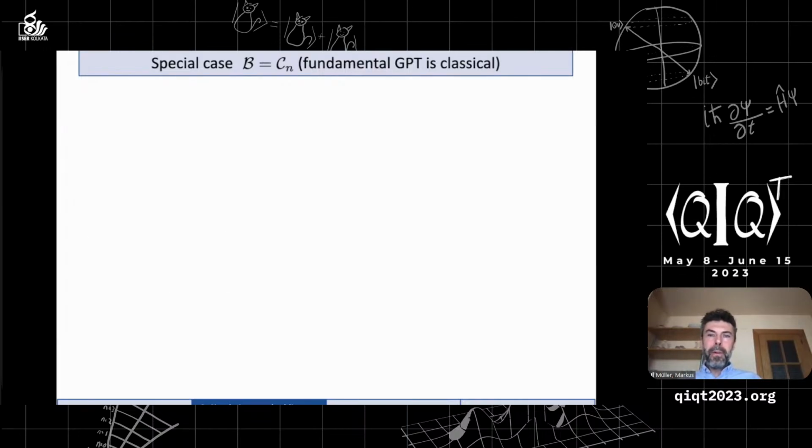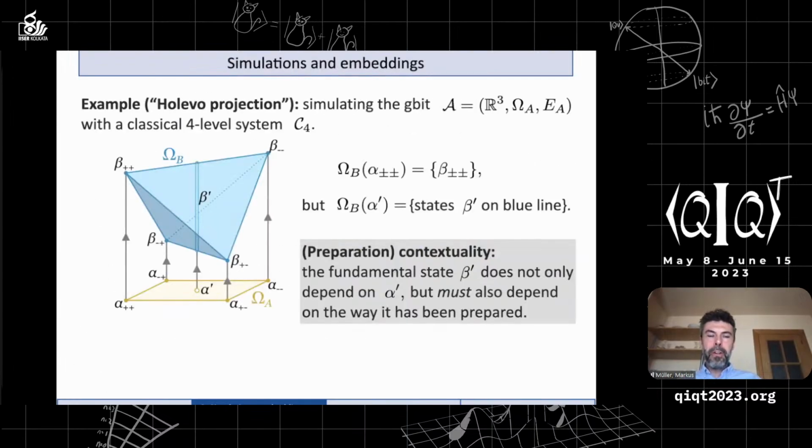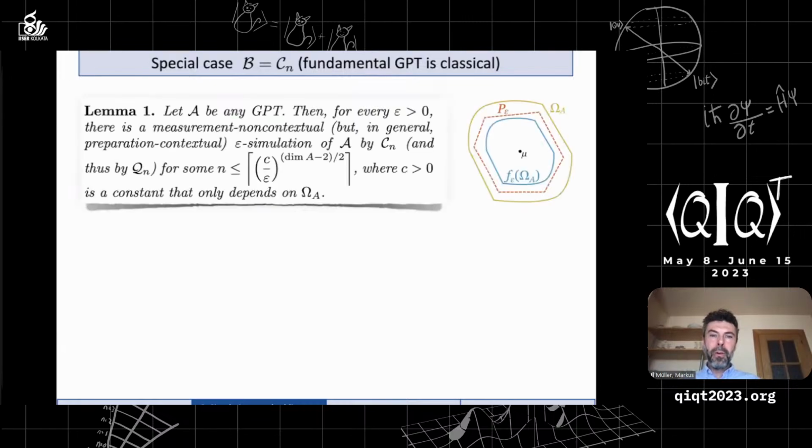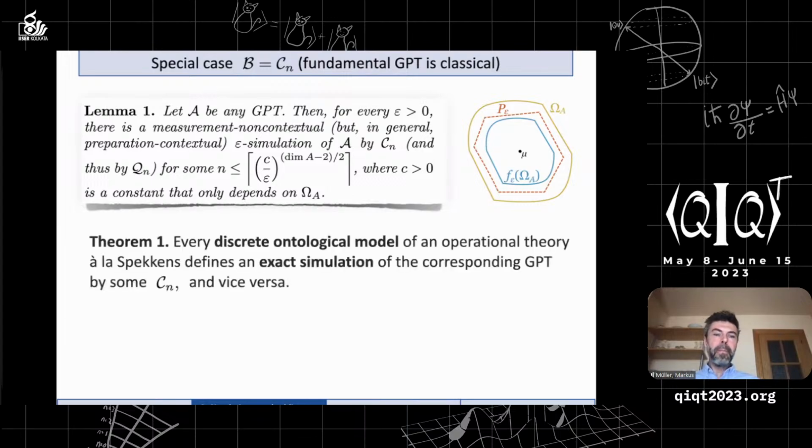And that's essentially what happens in the Hollywood projection in this picture. This is preparation contextual, like one effective state must be simulated by many other fundamental states. And that's something you can do in general for all probabilistic theories with a dimension bound. So in a way, that's very boring. Yeah, contextual simulations are always possible in all cases, essentially.